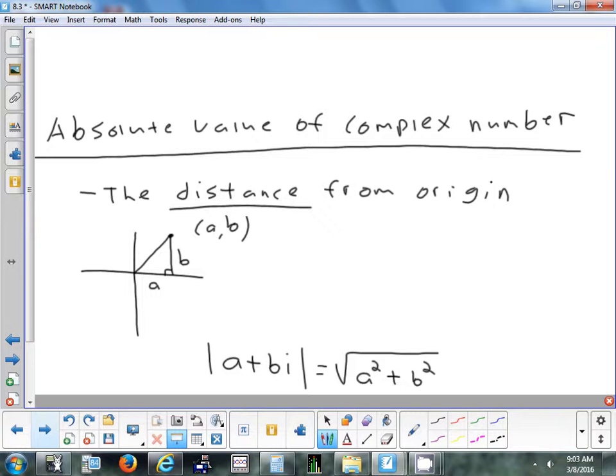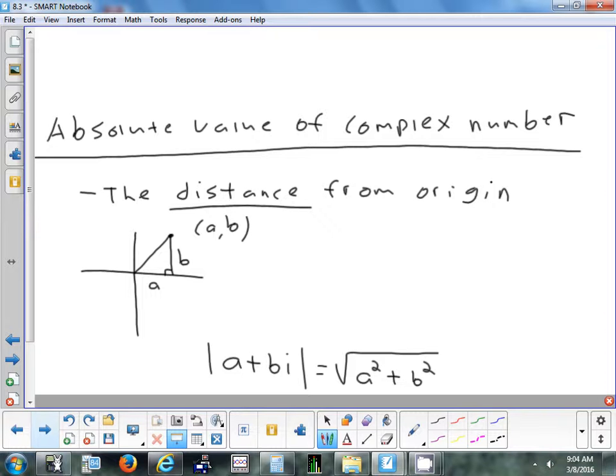Negative. You could have 0, but you would never have a negative. If you have 0, does this mean that it's not a triangle? Right, if the distance from the origin was 0, you wouldn't be able to really draw a triangle, because where would your point be? It would be right at the origin. So if your point is right at the origin, then the absolute value of it is 0.